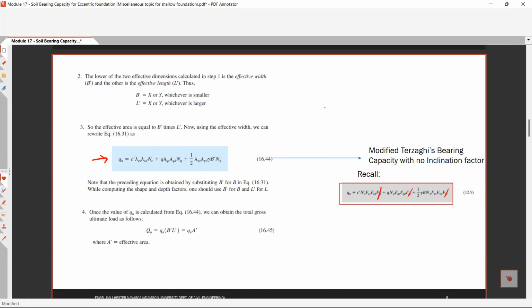So yung value of the NC, NQ, and N gamma comes from the equation of Reisner, Prandtl, and yung isa doon sa modified Terzaghi bearing capacity equation. Okay. So doon niyo siya ma-check, and the phi factor is base dito sa yung NC value nito is galing sa phi factor. Okay. And B prime, take note of this one.